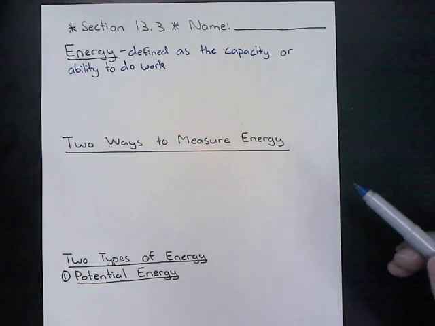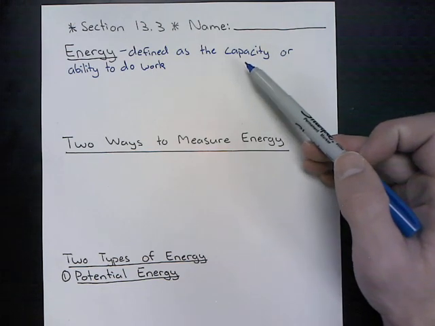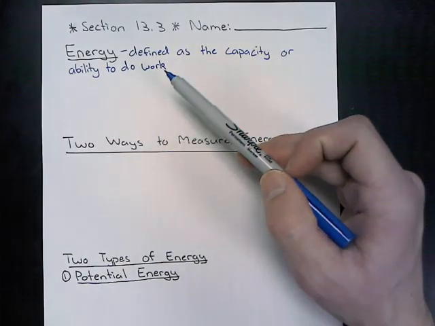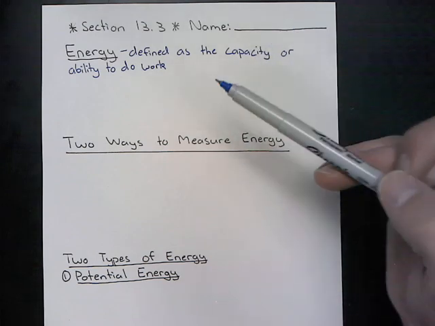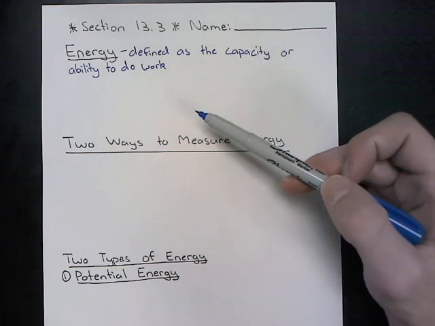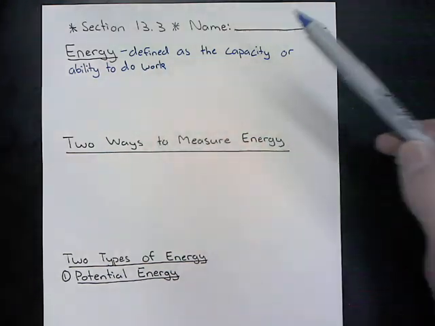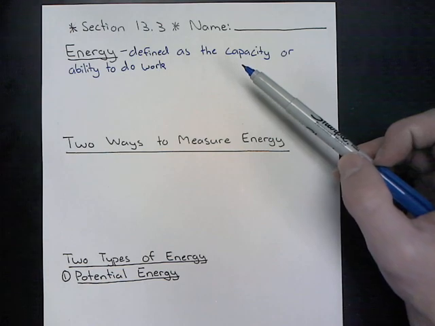One, this is different from work in that we have these terms capacity or ability to do work. Now remember, to do work, you had to have an object in motion, some sort of movement. With energy, we have a broader term because we have this capacity to do this work.